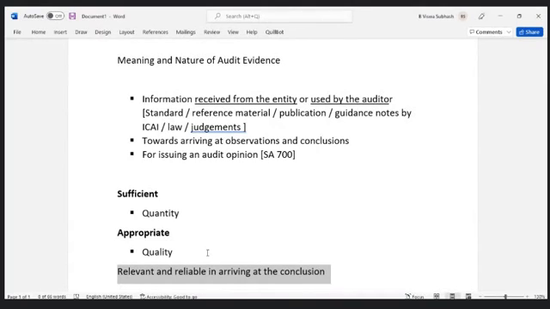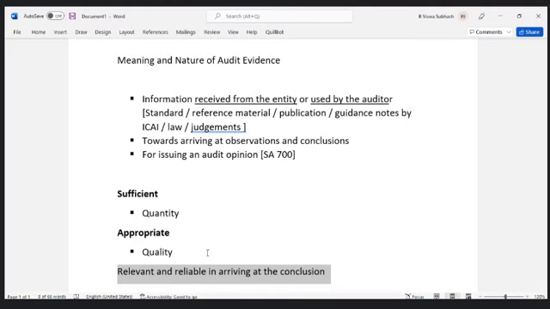How can it be relevant and reliable? Whenever you're giving any audit observation, you need to show them some documentation, some backup saying, yes, this is what has happened. This is the reason why we are projecting this one.